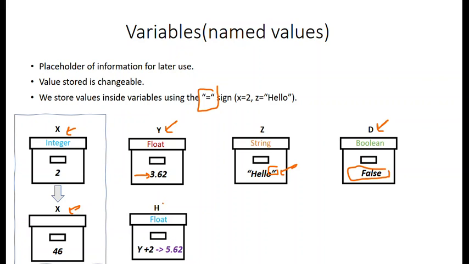So now the value of h is equal to 5.62. So setting h equal to y plus 2 is the same thing as saying h is equal to 5.62 directly. Again, inside variables, we can place something called expressions rather than just constant values.